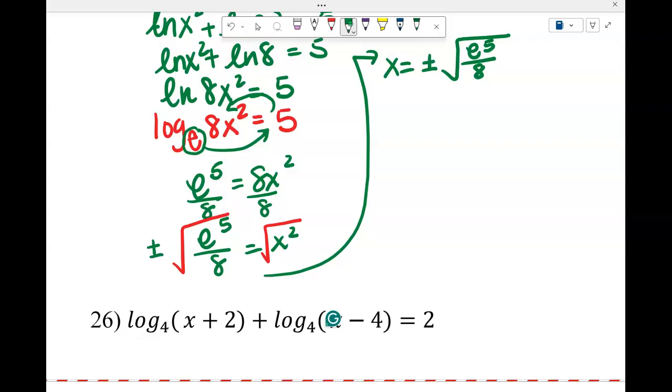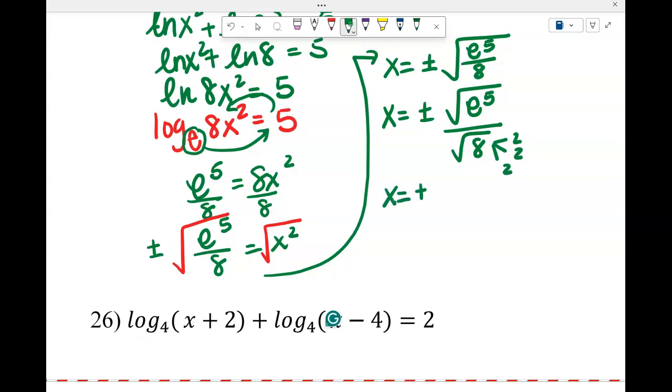So we can see we can rationalize this, okay? So plus or minus square root of e to the 5th over square root of 8. Remember, 8 is 2 times 2 times 2, right? So that is going to be x equals plus or minus square root of e to the 5th over 2 rad 2.